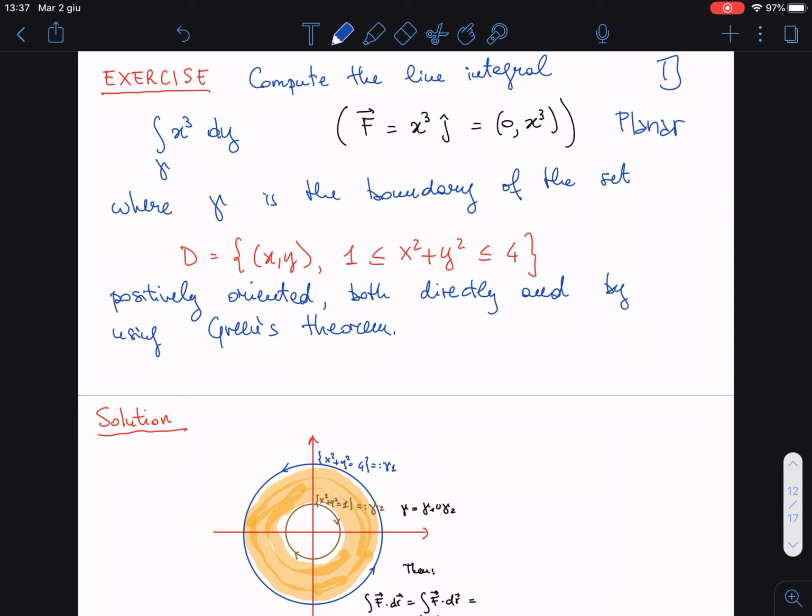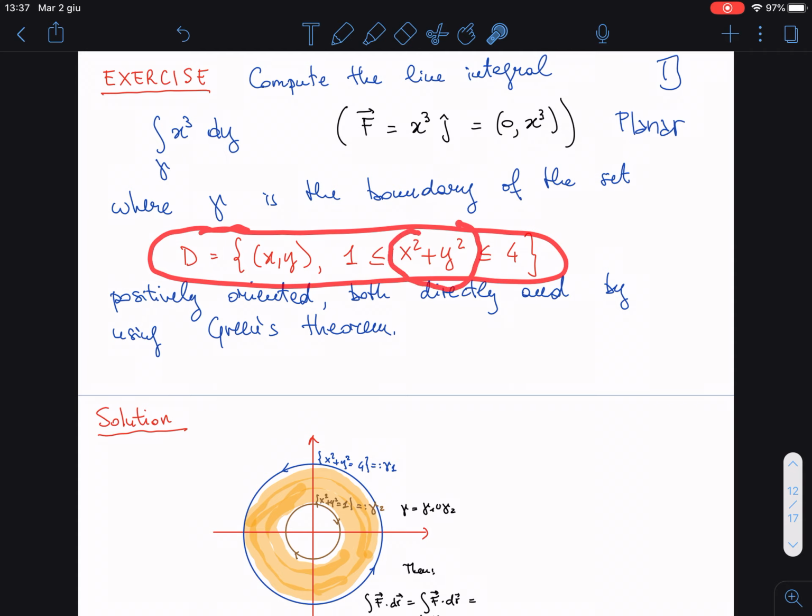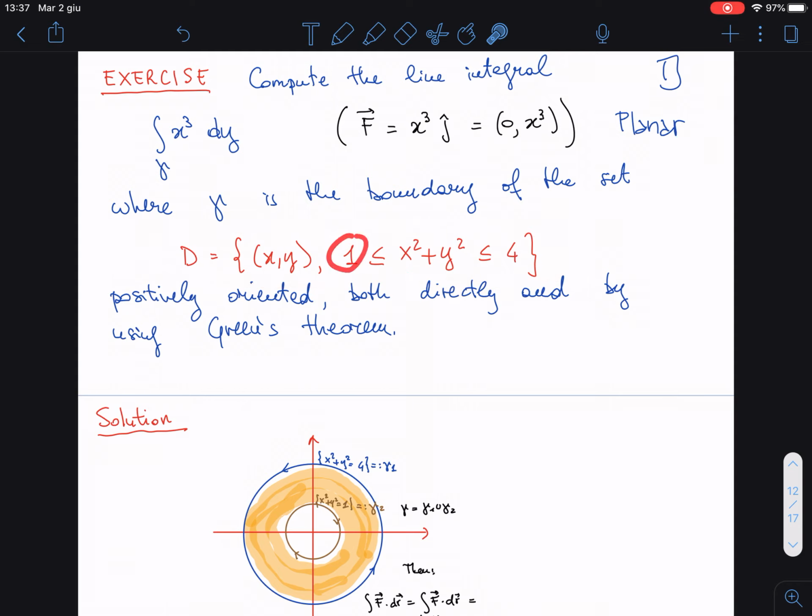This is a planar field, so we are in the plane. And the line on which we are asked to integrate is the boundary of this set D, defined as the set of all points whose coordinates have squares that can be summed, obtaining a result between 1 and 4.